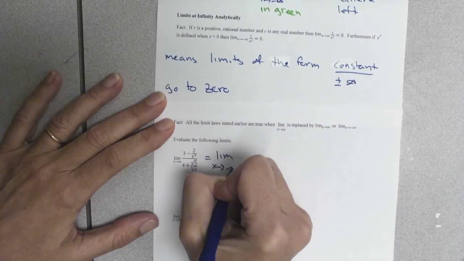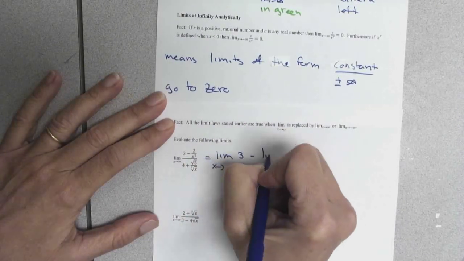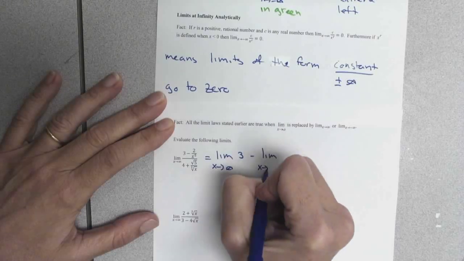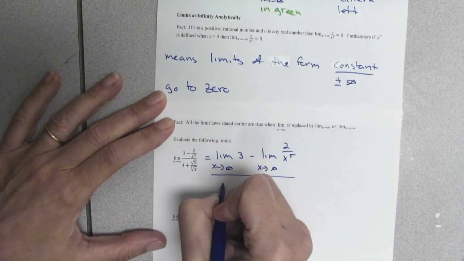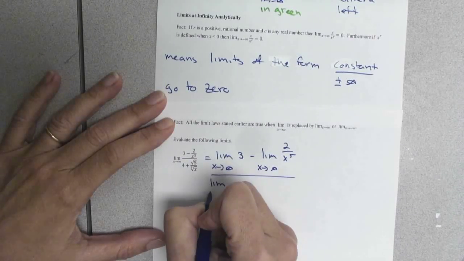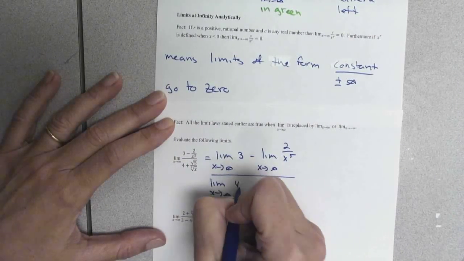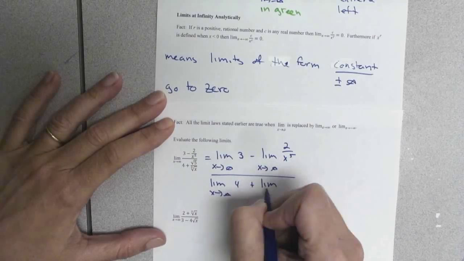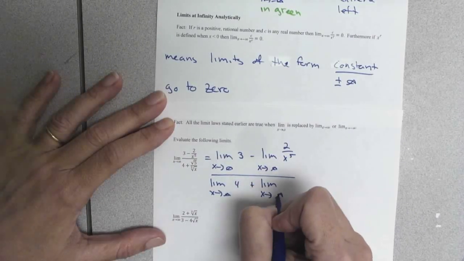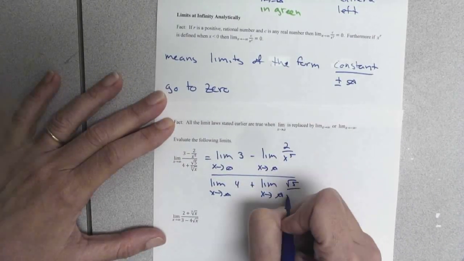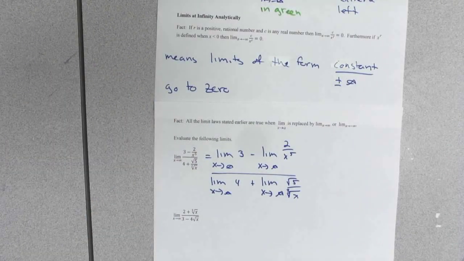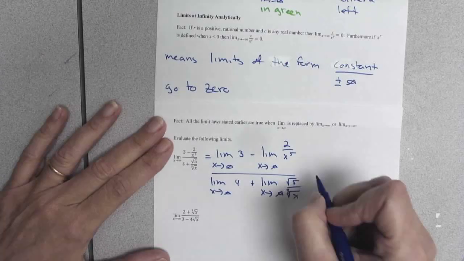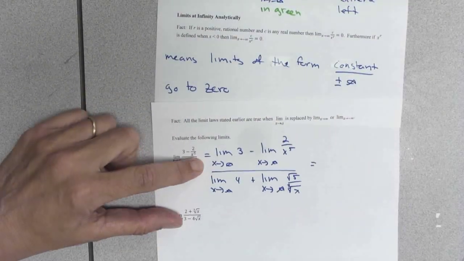So technically, I can do this, that I can break this guy up into 4 different limits. Then I can do each one of those guys. Well, this is a limit of a constant.